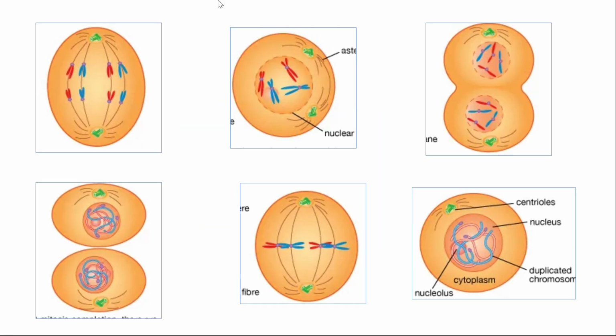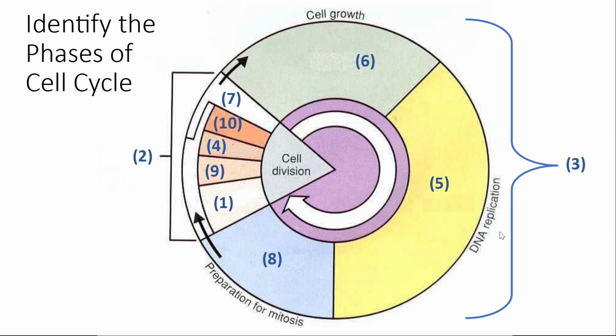Again, the first picture is anaphase, the second picture is prophase, the third picture is telophase, the fourth picture is cytokinesis, the fifth picture is metaphase, and the last one would be prophase. Now of course you've already answered this.